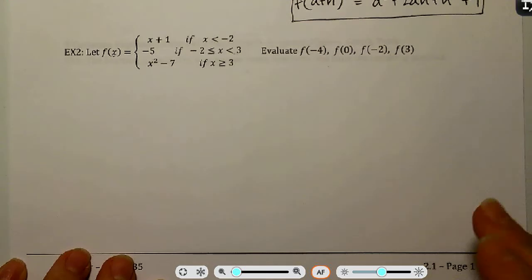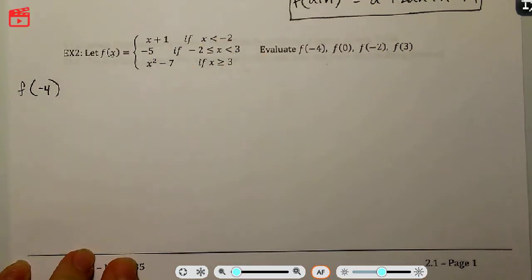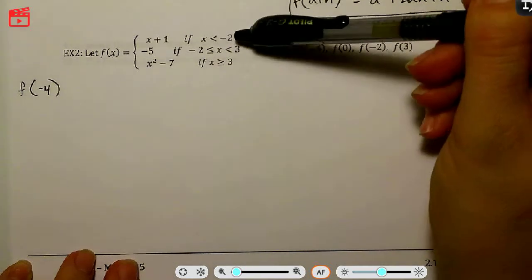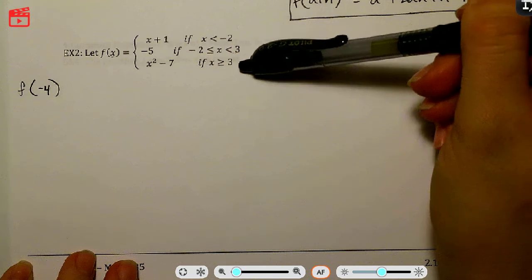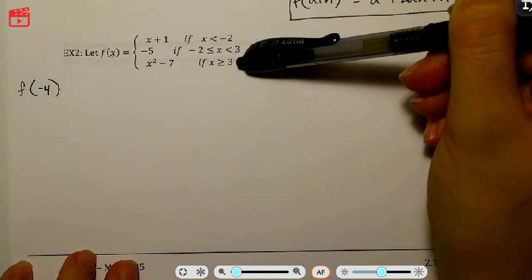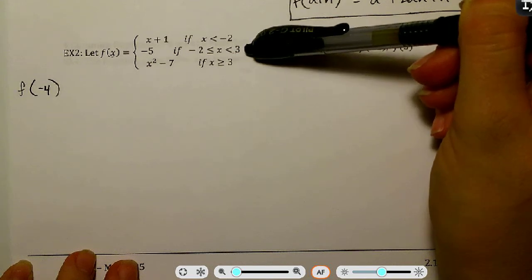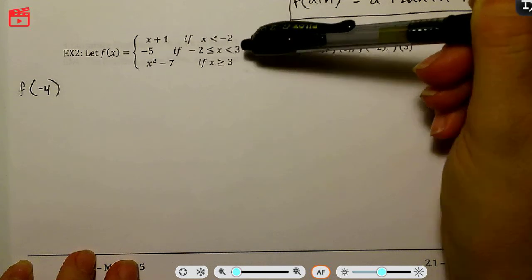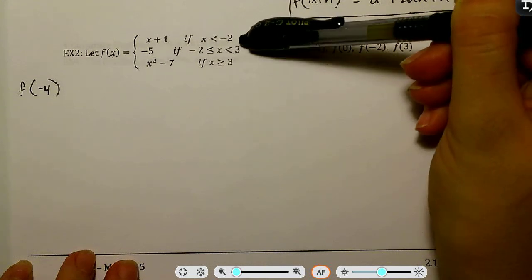So let's take a look at the different items I'm going to be inputting. So first, I have f of negative 4. Well, my input is negative 4, so the question is, which one of these restrictions is it under? Is negative 4 greater than or equal to 3? No. Is negative 4 between negative 2 and 3? No. Is negative 4 less than negative 2?